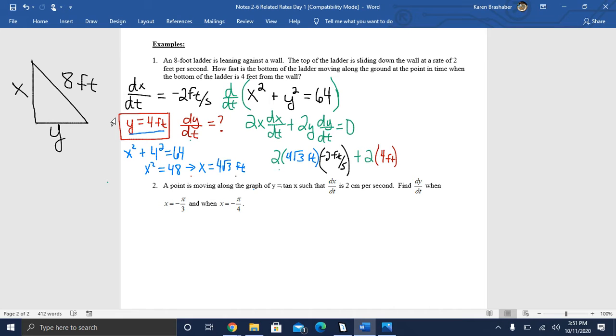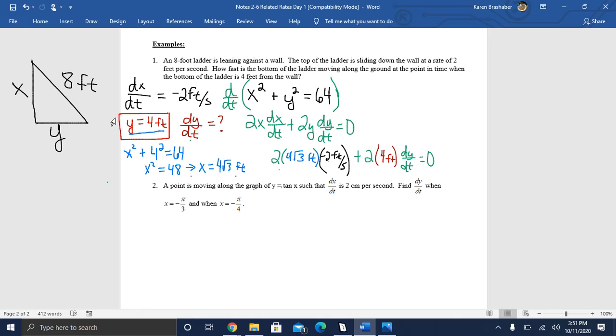And I'm looking for dy dt. So dy dt is my variable. And that equals 0. So I'll be calculating 2 times -2 times 4 square root 3, and that would be negative 16 square root 3 feet squared per second.